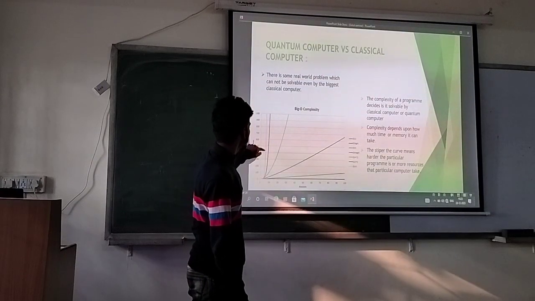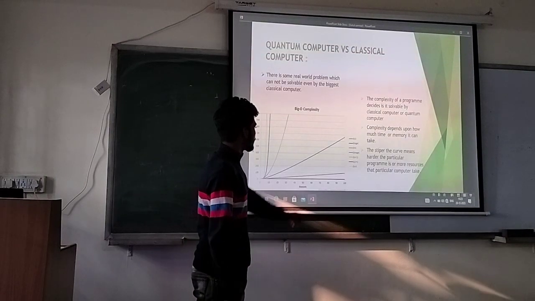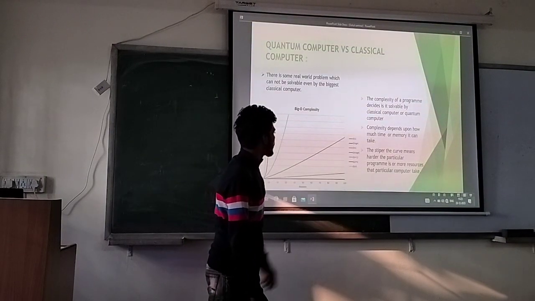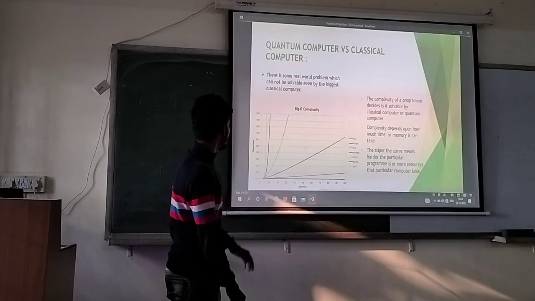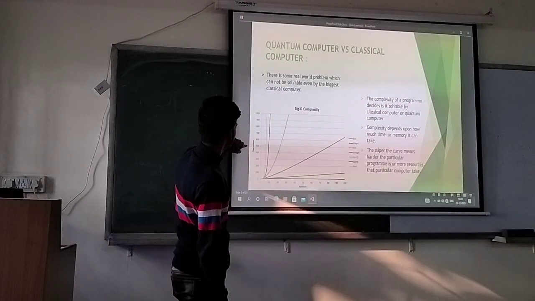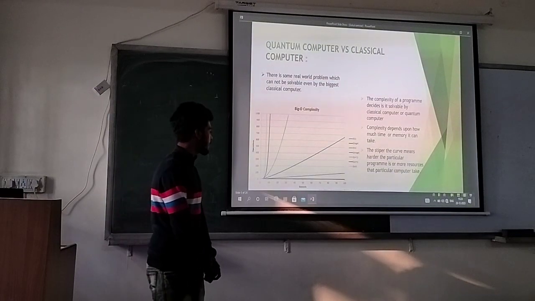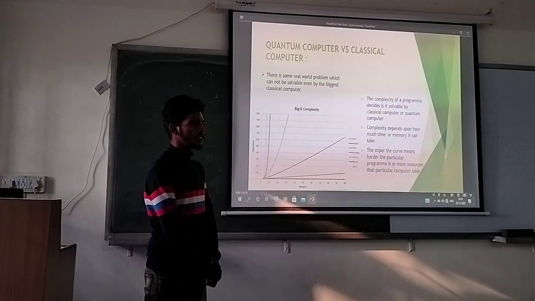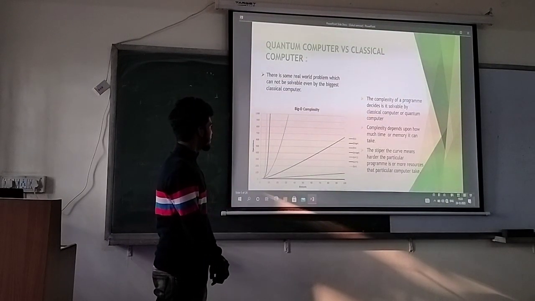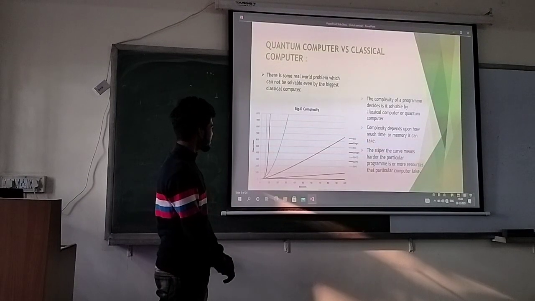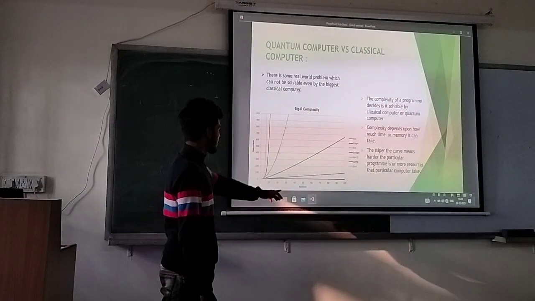The graph is shown here, and red mark is for 2 to the power n, and blue mark for n to the power 2. And similarly, different marks are given for different functions, and we can see the complexity. The operations mean how much time or memory it can take, and the elements mean how much input we give. We can see that in n factorial and 2 to the power n, the graph is going steeper, meaning that it takes too much time or too much memory, but in the other cases it takes less time.